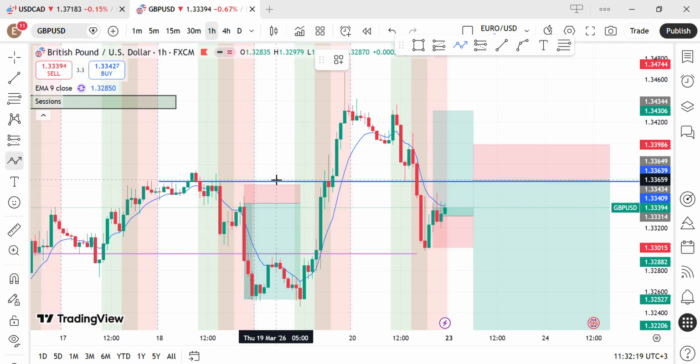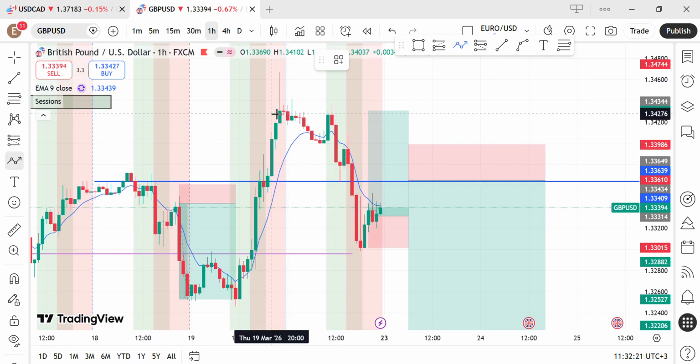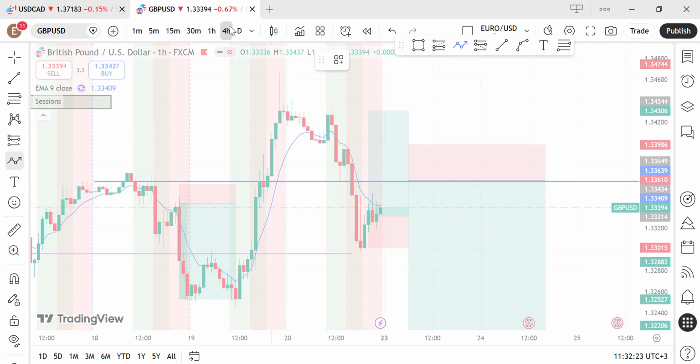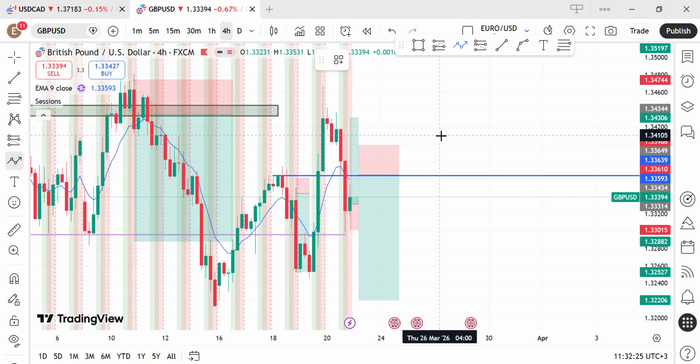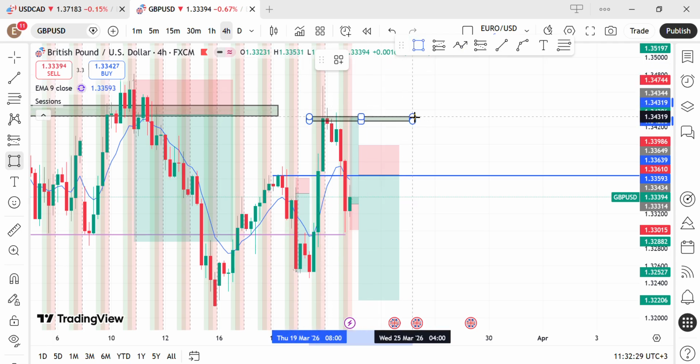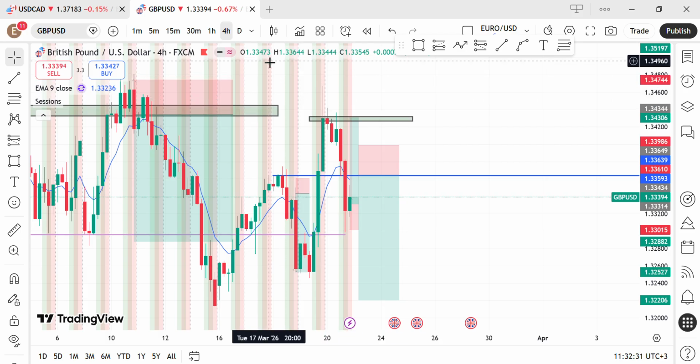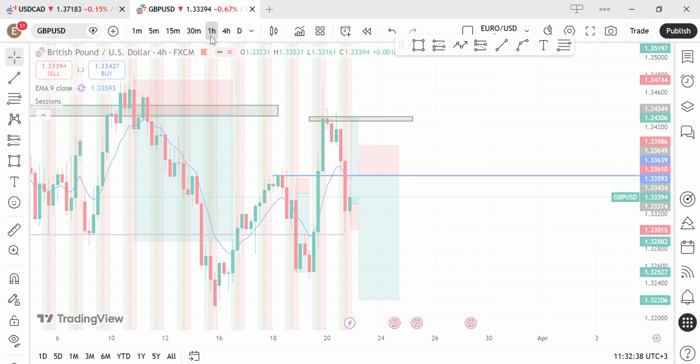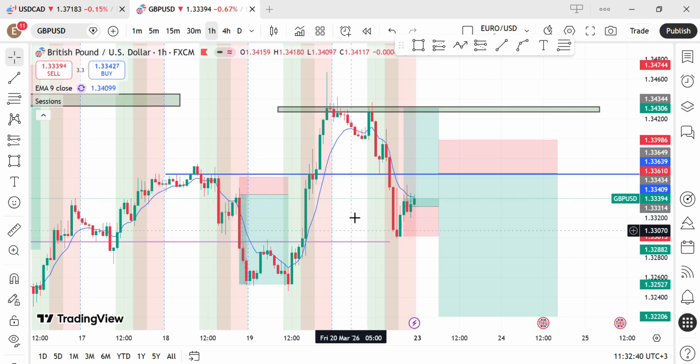Let's scale into the 1 hour time frame. What do we see? This lower high, let's mark it. Remember this blue line, I've marked it. And scale into the 1 hour.